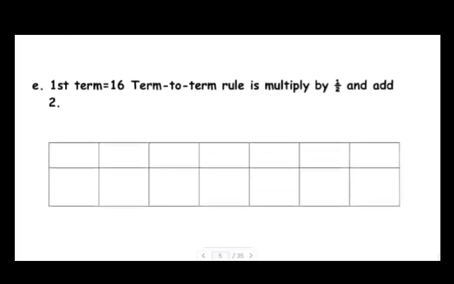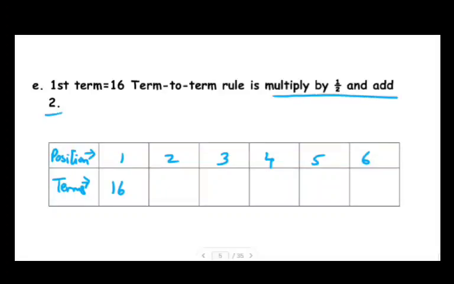Moving on to the fifth sum. Terms 1, 2, 3, 4, 5, 6. First term is 16. Term to term rule is multiply by half and then add 2.